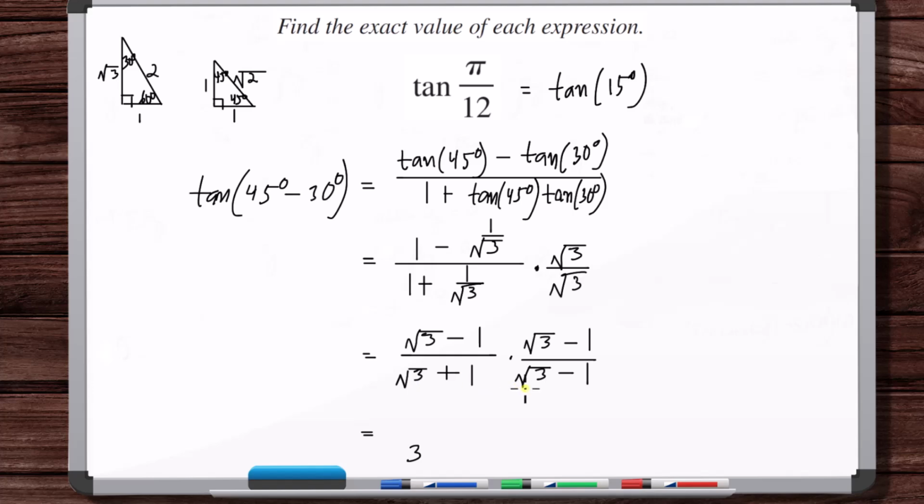Root 3 times root 3 is 3, minus root 3 plus root 3 goes to 0, so that's just 3 minus 1. Root 3 times root 3 is 3, minus root 3 minus root 3, that's minus 2 root 3, and then minus 1 times minus 1 is positive 1. So 4 minus 2 root 3 over 2. So this is 2 minus root 3.